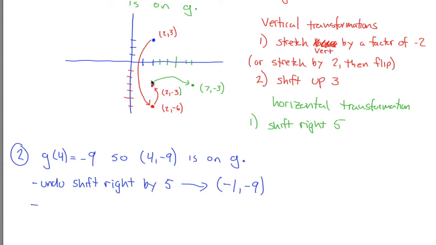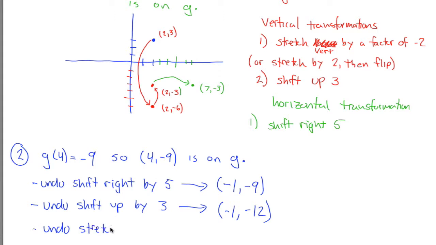And that takes me here. Now I want to undo my shift up by 3. To undo shifting up by 3, I shift down by 3. That's not going to affect the x-coordinate, but the y-coordinate, which used to be negative 9, is now going to be negative 12. And then finally, I want to undo my stretch vertically by a factor of negative 2.